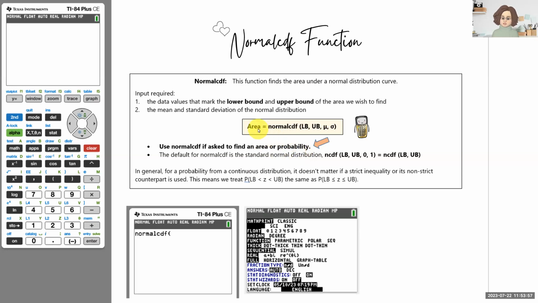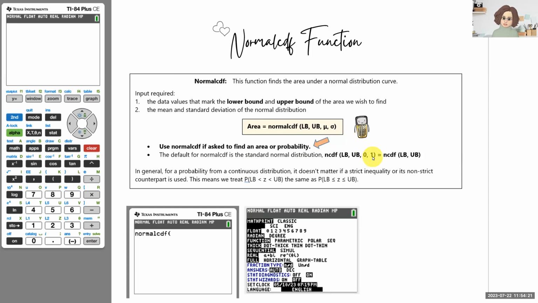So when we're looking for area and using Normalcdf, we'll be entering a lower bound and upper bound, defining the region or area we're trying to find, followed by the mean and standard deviation of the normal distribution. As we'll be dealing with standard normal, the mean is 0 and the standard deviation is 1.